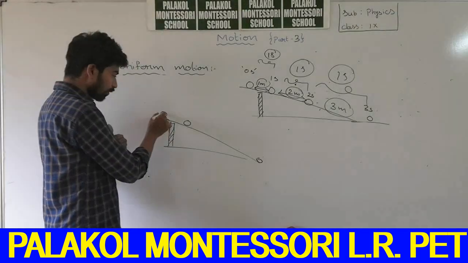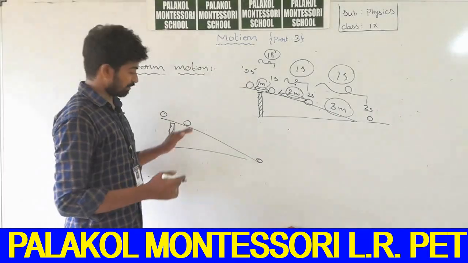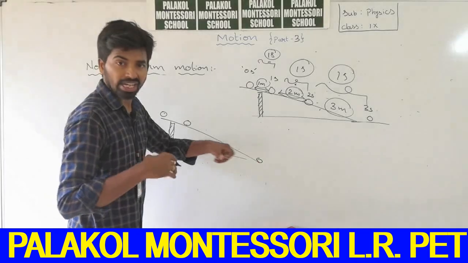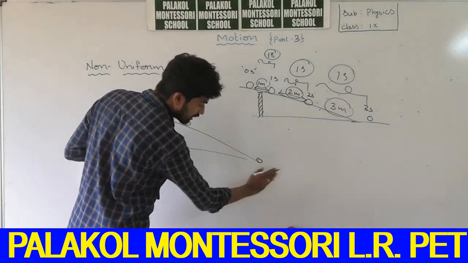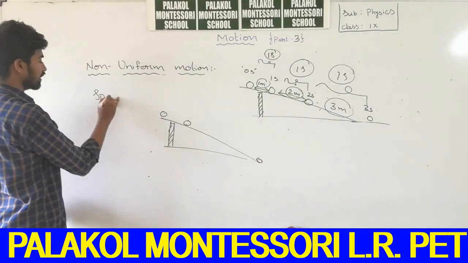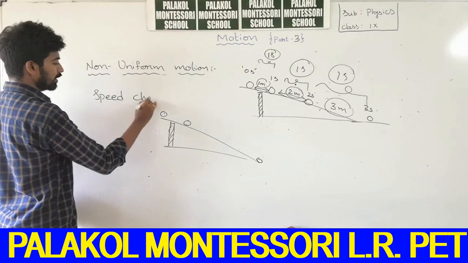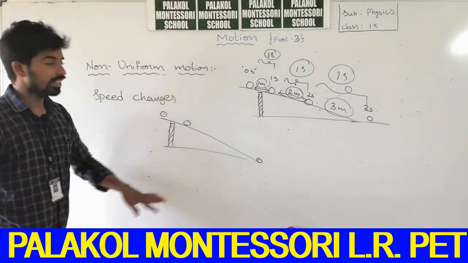Here the speed is 0, here it has some value, and when it reaches the ground it has high speed. The speed is changing, and hence this is not a uniform motion.